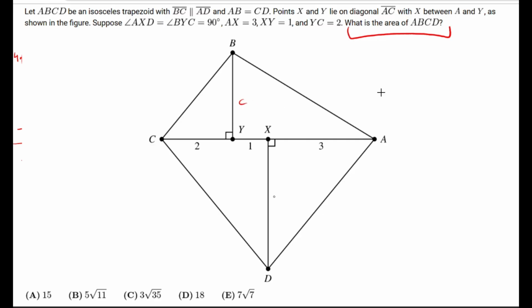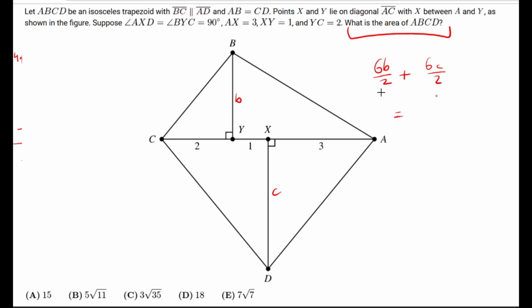We call this C, we call this B, no, other way, B and C. So the area is actually going to be 6B over 2, which is the area of this triangle here, plus the area of the second triangle, which is 6C over 2.